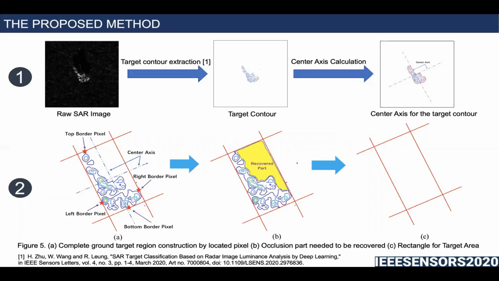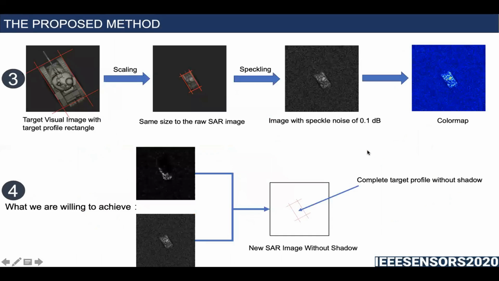To finish this task, we first locate the 4 pixels in the left, bottom, right, and top border. Then we draw a red line parallel with the central axis, so we form the final rectangle area that we are interested in.